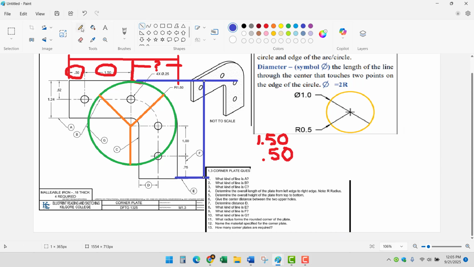Let's look at the information we are given. From the bottom edge of the plate to this circle, that's 0.75, so I'm going to write it down. Then I have the distance from center point to center point, and that is 1, so I'm going to write 1. And we have this area now from this line to here. I'm looking for that length.